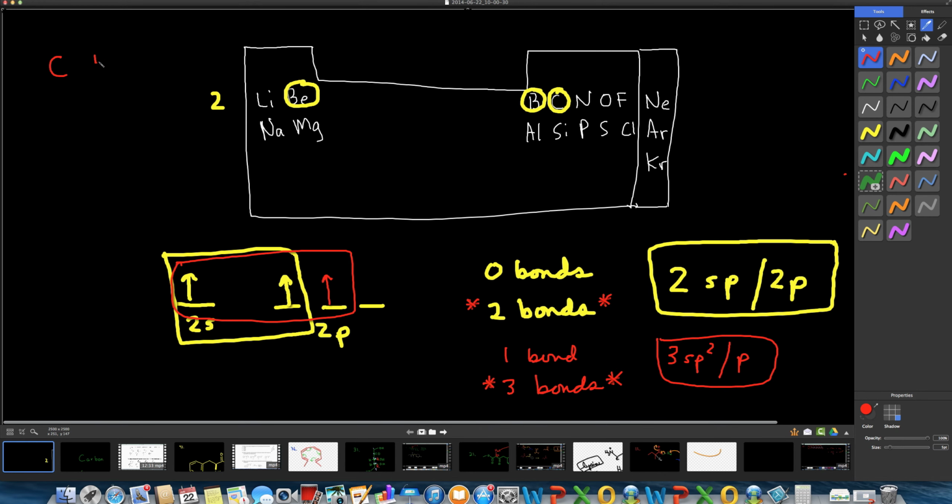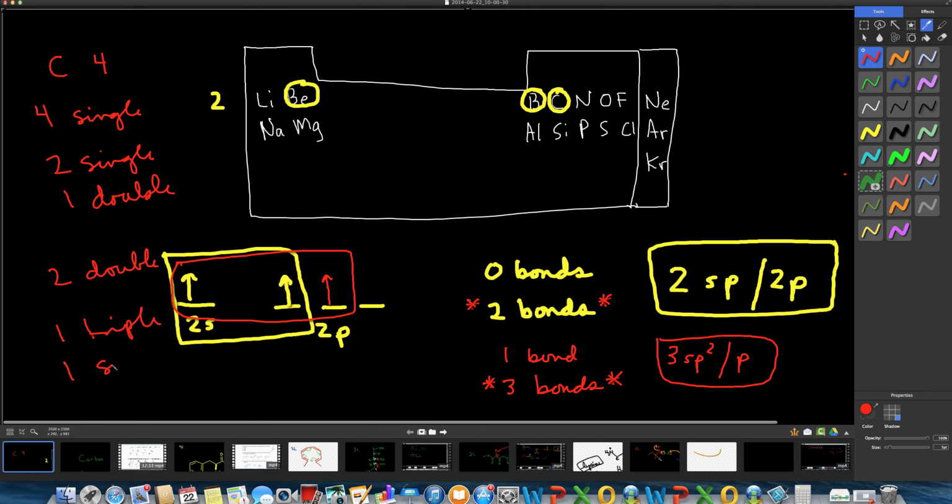Carbon prefers to make 4 bonds. They could be 4 single bonds. They could be 2 single bonds and 1 double bond. There could be 2 double bonds. Or I could have 1 triple bond and 1 single bond.